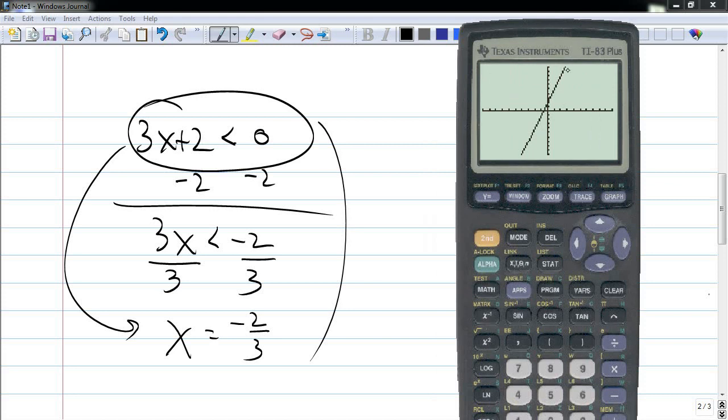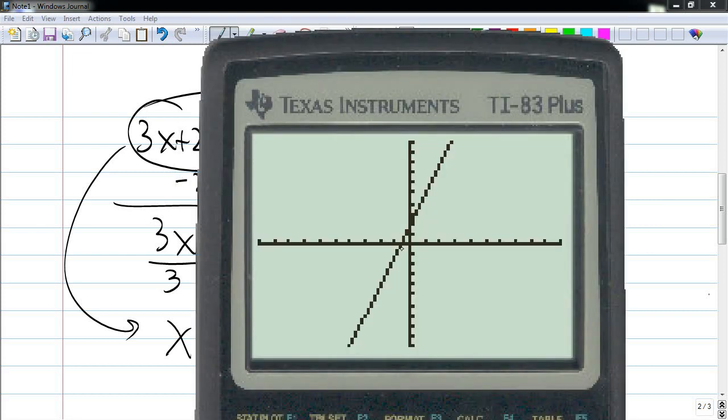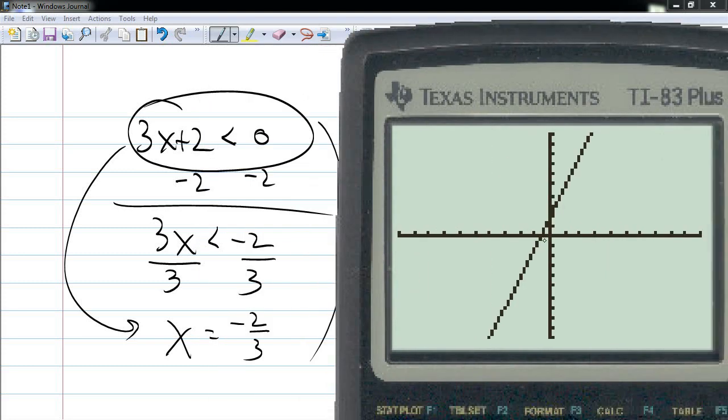What the graph shows us is where the expression is negative or below the x-axis, or positive or above the x-axis. And the transition point where it changes from negative to positive is right here, where the expression is 0.